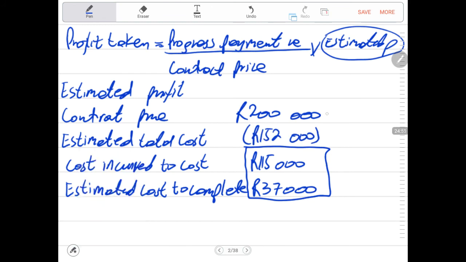So the difference between the contract price and the estimated total cost is what is called estimated profit on completion.